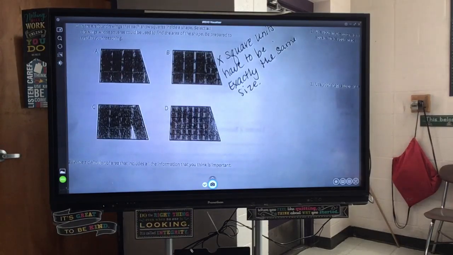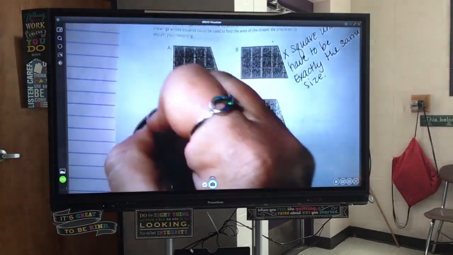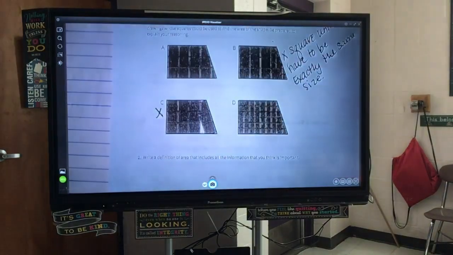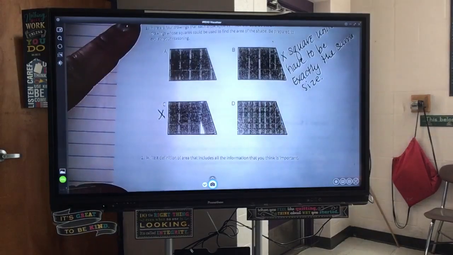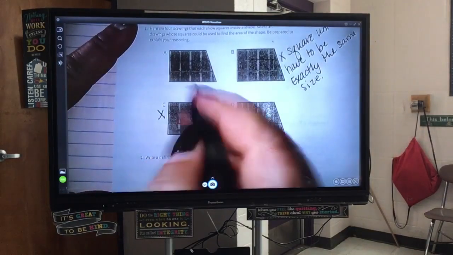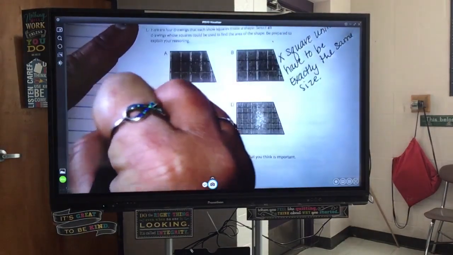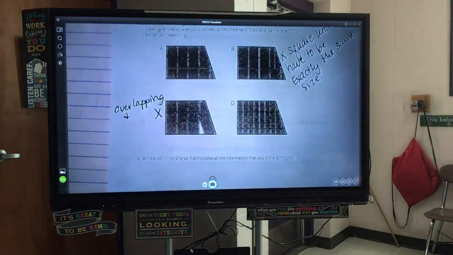All right, so why does C not work? Anybody tell me why C does not work? Charlotte. It doesn't work because the squares are tilted. That's not necessarily the reason it doesn't work. Jackson? Because one of the squares is slanting into another square. So this part is overlapping. All right, so overlapping. All right, and what else do you see?